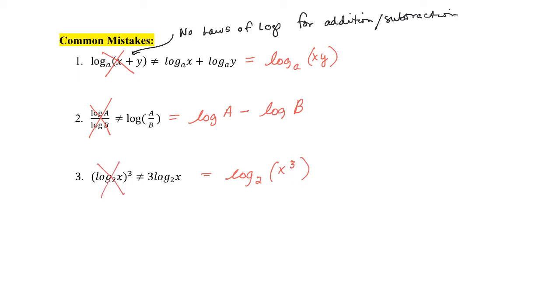So this, again, is also not true. In fact, log base 2 of X cubed, if I asked you to expand that, is log base 2 of X times log base 2 of X times log base 2 of X, 3 times. So very, very different than log base 2 of X cubed.